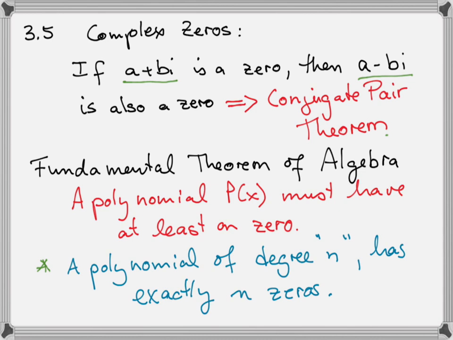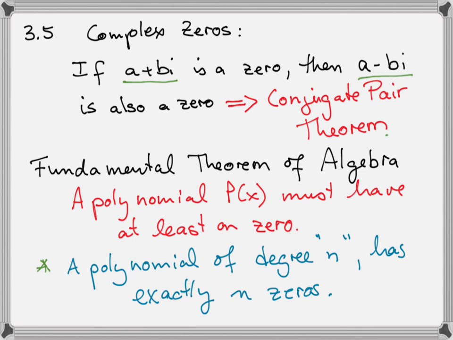A polynomial must have at least 1 zero. So Mr. Gauss said, we gotta have a zero. A linear has 1 zero. So that is the fundamental theorem of algebra, and you have it in your book on page 377. Gauss was the one who came up with this at the age of 20.